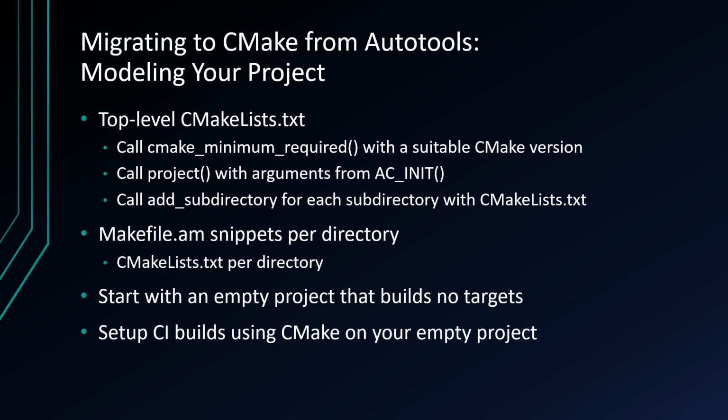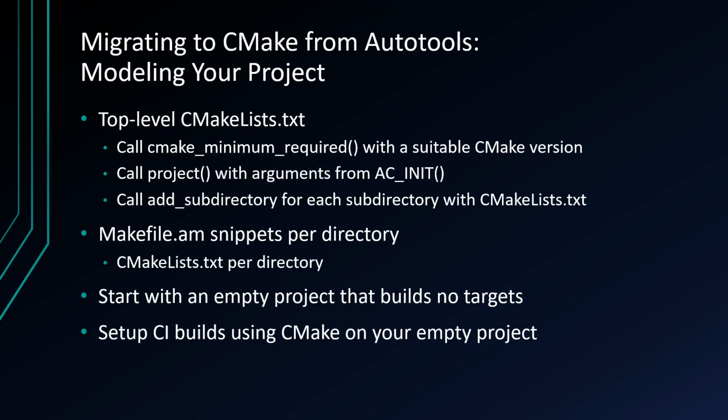CMake functions typically have underscore separated words for their names. You may see in the documentation that sometimes they're written with uppercase names or mixed case names. For command names, CMake is case insensitive. Variable names, however, are case sensitive, so it's just something to be aware of. I like to write all the function calls in lowercase, just because I don't like screaming caps code.